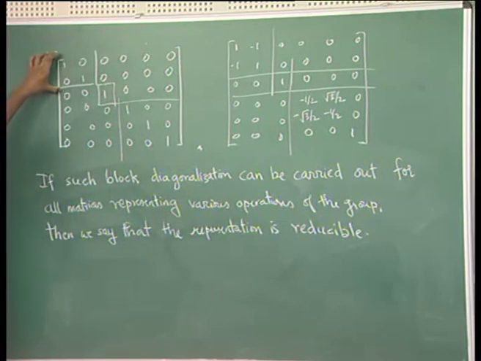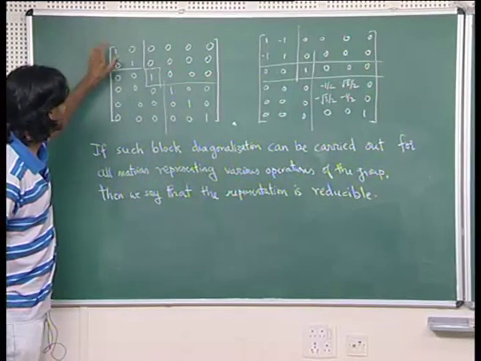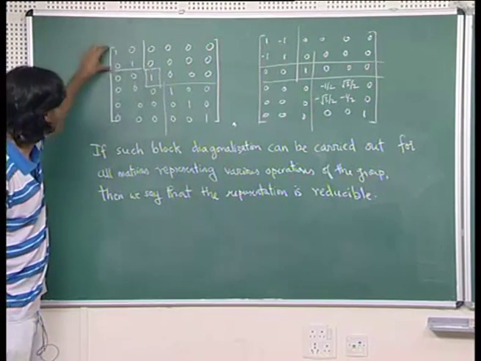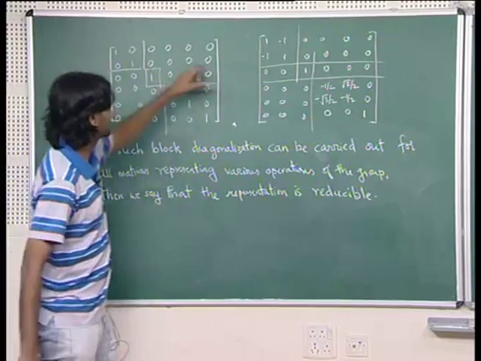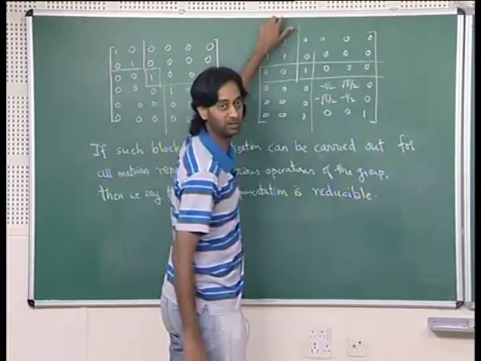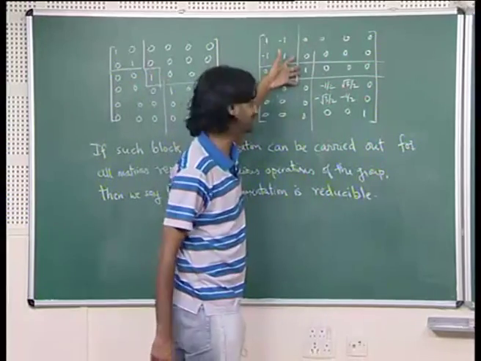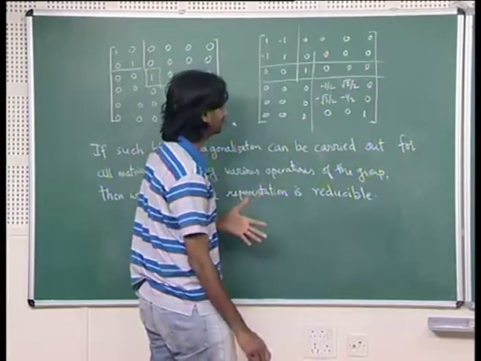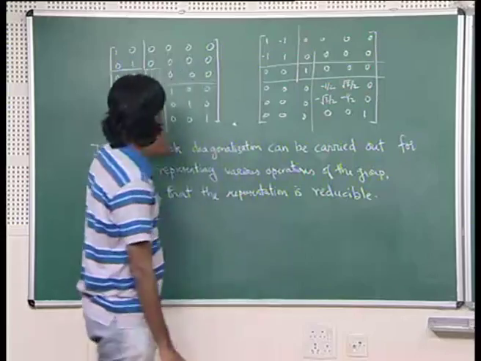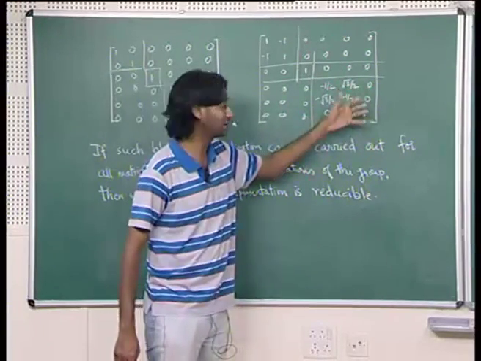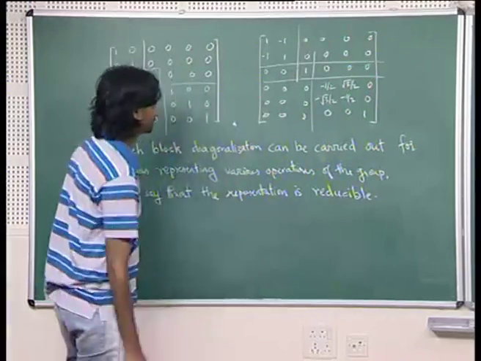So, you keep doing this until you cannot do it anymore, and each of these 2 by 2 blocks, so this is an example of an irreducible representation, because you cannot make this into any smaller block. This is an example of an irreducible representation because it is one dimensional. One dimensional representation by default is irreducible. Similarly, this is an example of an irreducible representation because you cannot break it into smaller blocks for all the elements.